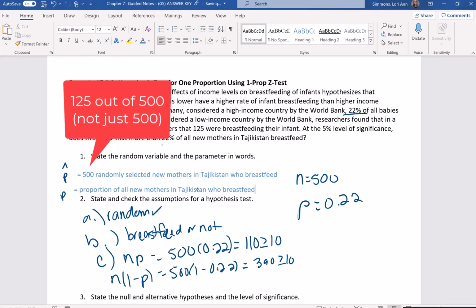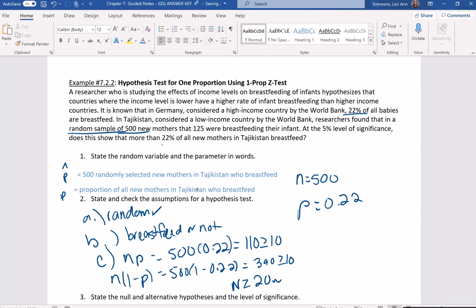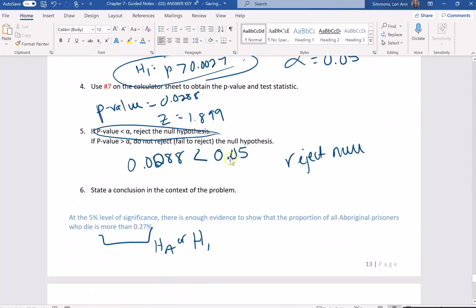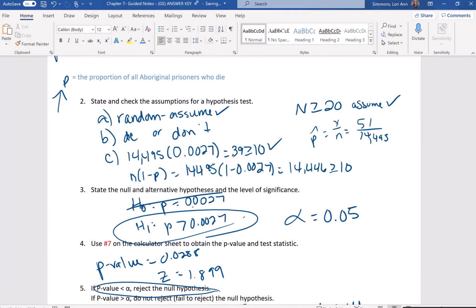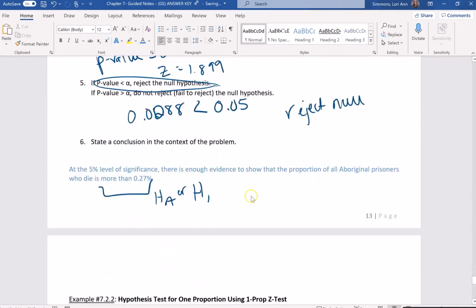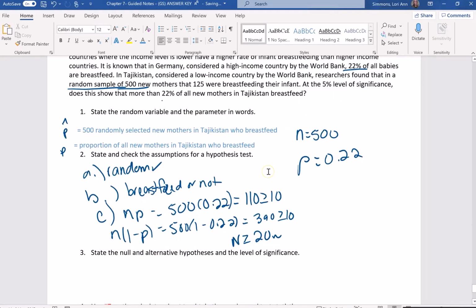So that's greater than or equal to 10. We're going to assume the population is greater than or equal to 20N. I believe I forgot that up here. Okay. And our P hat, again, X over N. So 125 are breastfeeding. So 125 over N, which is 500.